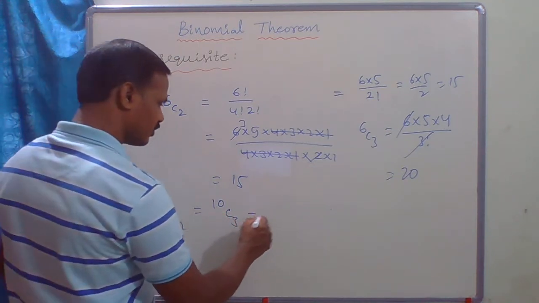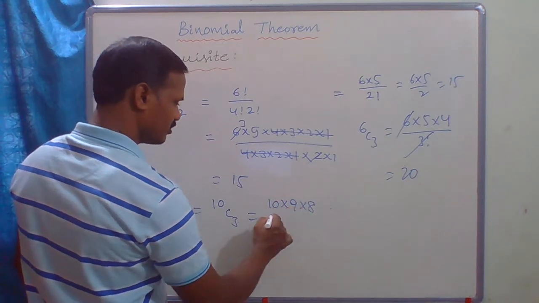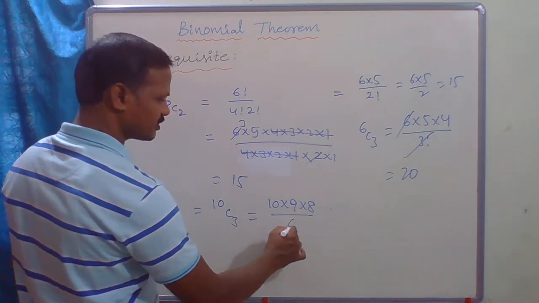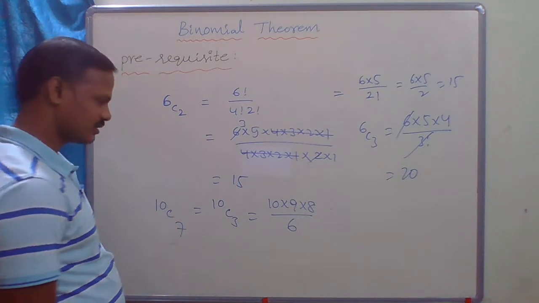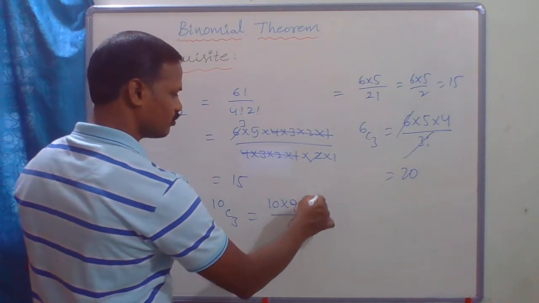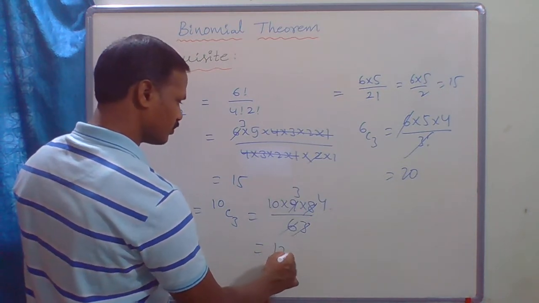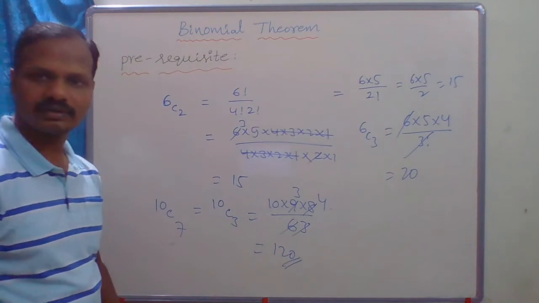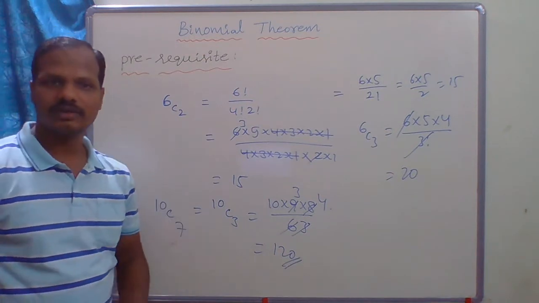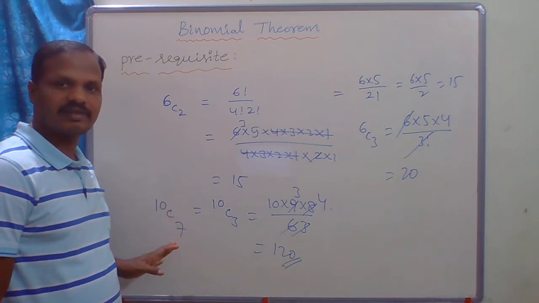So this is equal to 10 into 9 into 8 by 3 factorial, which is 6. Now simplify: 2 3s are, 2 4s are, which equals 120. In this way we can calculate this NCR value fast.